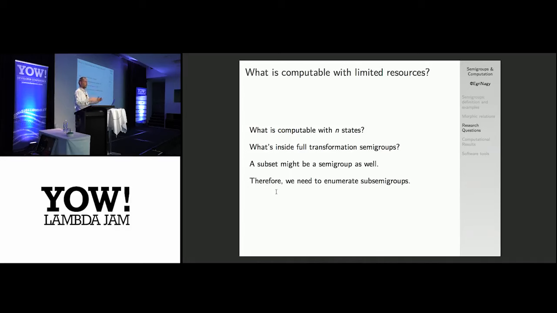The full transformation semigroup, all transformations of n points forming a semigroup under composition, contains everything, all the possible computations that you can do with n states. So I can just find all the subsemigroups. This is the question of enumerating all the subsets of a semigroup that are also a semigroup. That's one thing we try to do, and you will see the results soon.